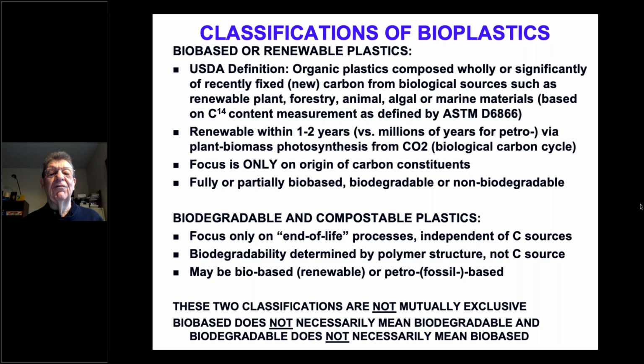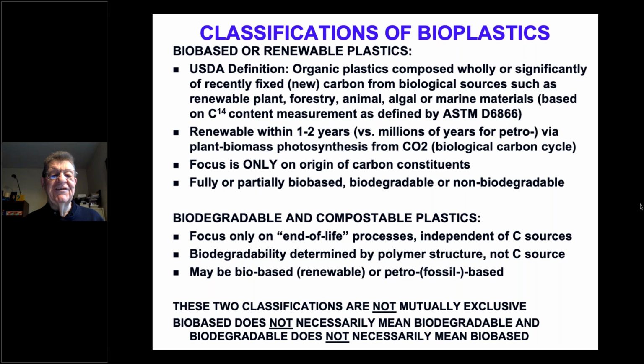These are renewable within 1 to 2 years versus millions of years for petrochemicals. And the focus is totally, solely on the origin of the carbon constituents, nothing else. So these can be fully or partially bio-based. They could be biodegradable or they could be non-biodegradable.